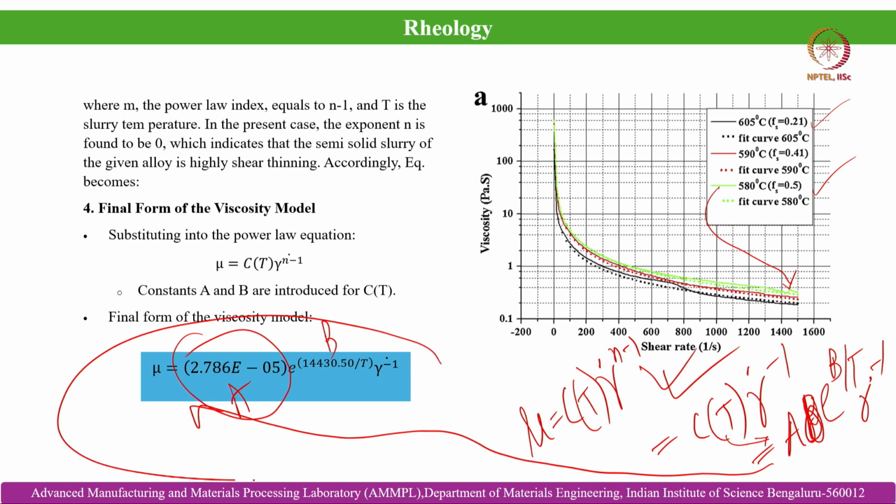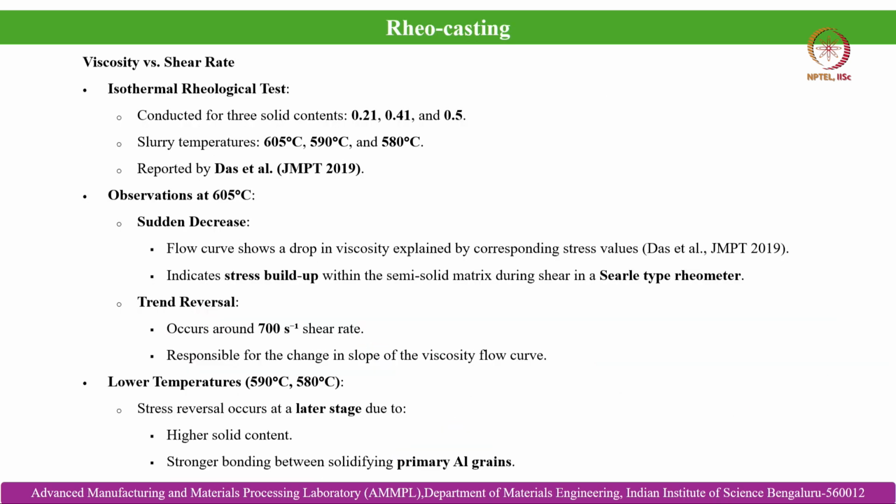This is the resultant viscosity model that we have developed, and it is used subsequently for simulating the die filling behavior of a high pressure die cast component, for example a knuckle housing, which we will be discussing next in this section. Here you can see some salient outcomes of this study on the rheological behavior of this aluminum 7 silicon 0.3 magnesium alloy.